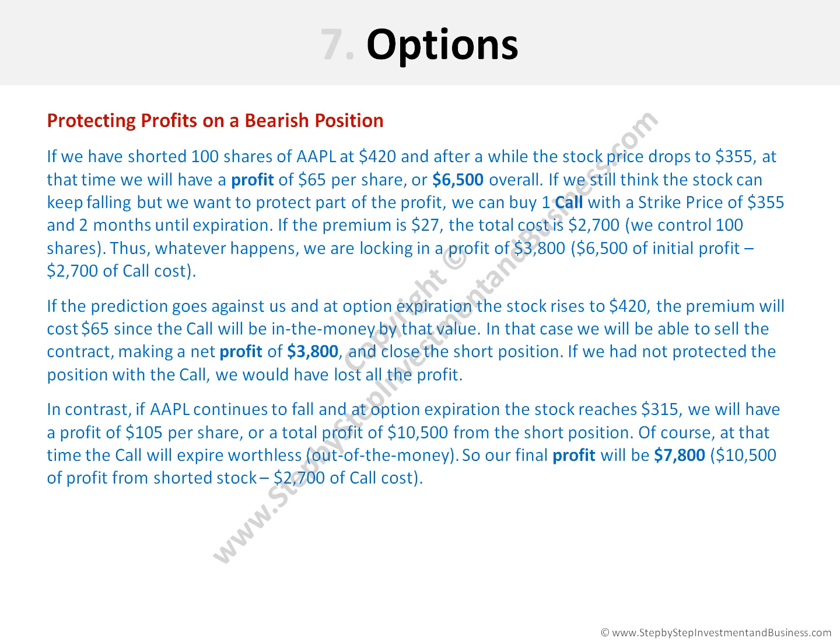If we still think the stock can keep falling, but we want to protect part of the profit, we can buy one call with a strike price of $355 and 2 months until expiration. If the premium is $27, the total cost is $2,700. We control 100 shares. Thus, whatever happens, we are locking in a profit of $3,800. That is, $6,500 of the initial profit minus $2,700 of the call cost.